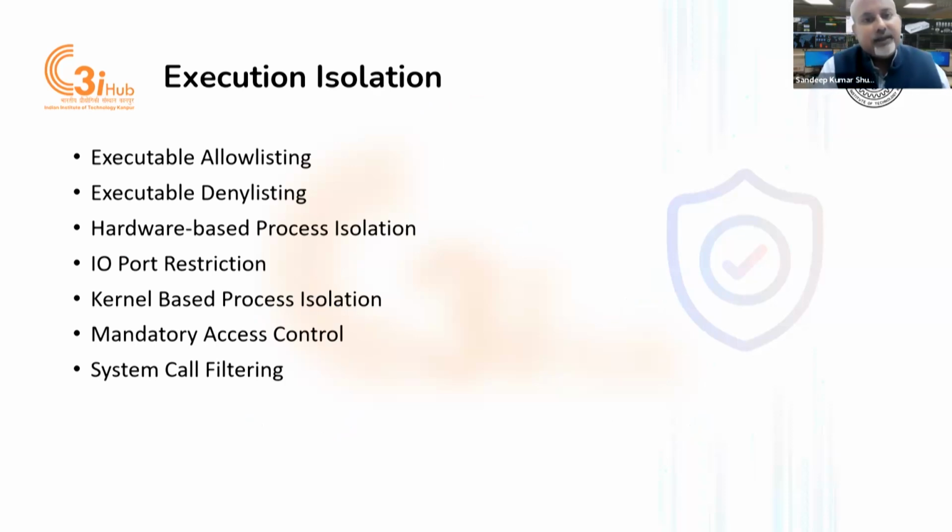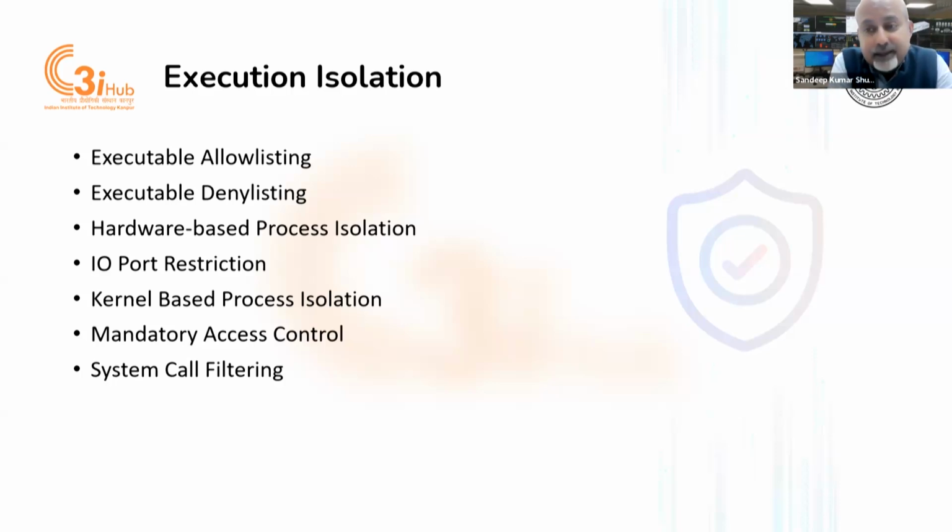So execution isolation has many different aspects. For example, as an organization, for all the machines that your employees are using, you may enforce something called executable allow listing. That means on that platform, only certain applications will be allowed to run.